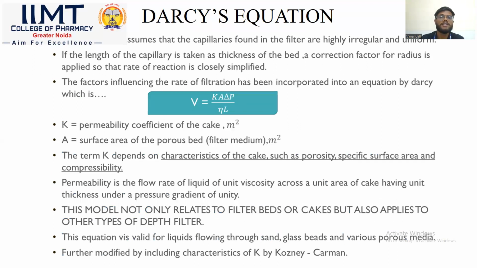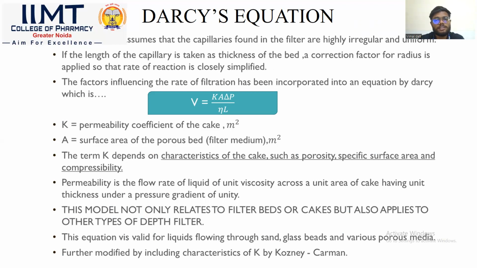Second one is Darcy equation. The Poiseuille equation assumes that the capillaries found in the filter are highly irregular and non-uniform. If the length of the capillary is taken as the thickness of the bed, a correction factor for radius is applied so that the rate of flow is closely simplified.